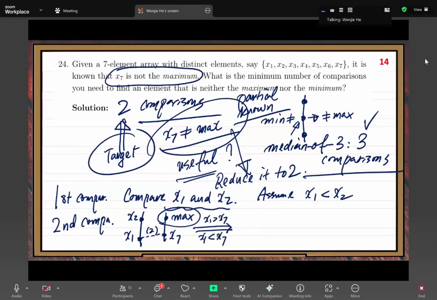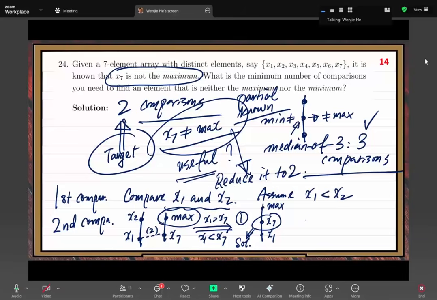Case 1, if x1 less than x7, then x1, x7, and the max. This is a solution, because this element is not a max and not a minimum, it's between 2 elements.